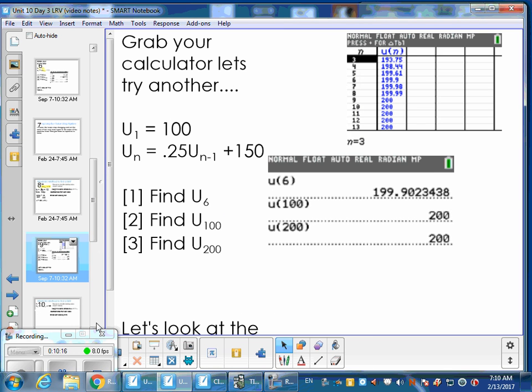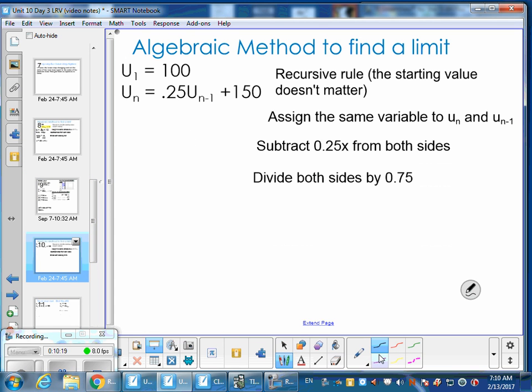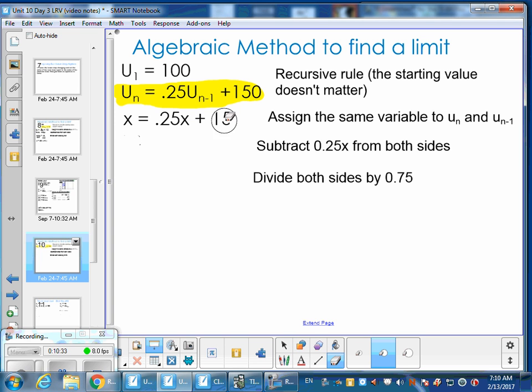Okay, so let's look at that algebraically now. So again, the only part we're concerned with on the recursive routine is the bottom part. We don't care what it starts at. The starting value never impacts the long run value. It just might take you longer to get there if you start at a different one. So the first step is to change the un and the n minus 1 to x. So I've just changed them both to x's.